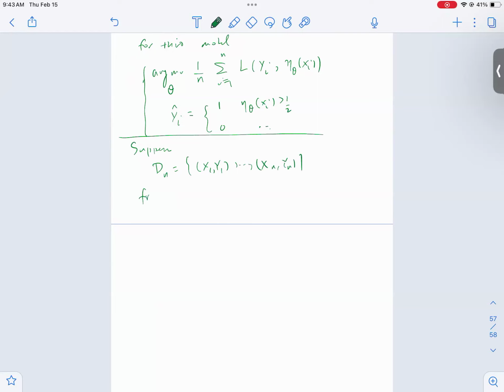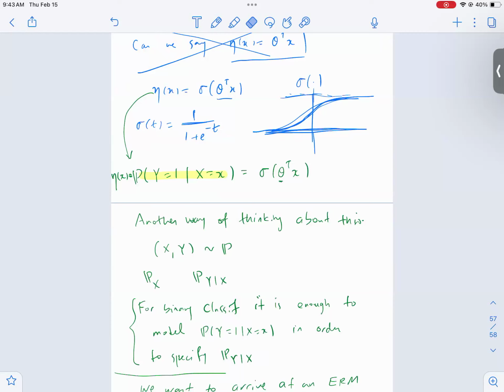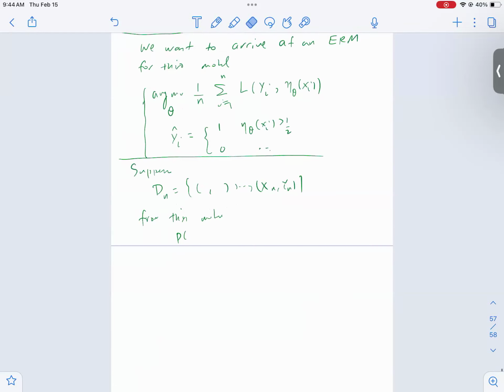So from this model, I know, for example, the probability, I'm going to write it like this. So the probability of, let me write it as T of, we'll do that later.